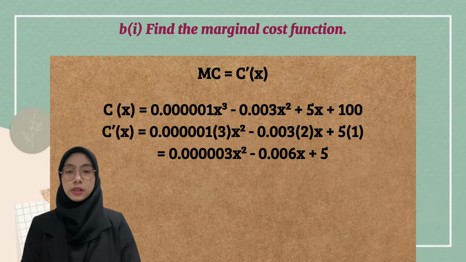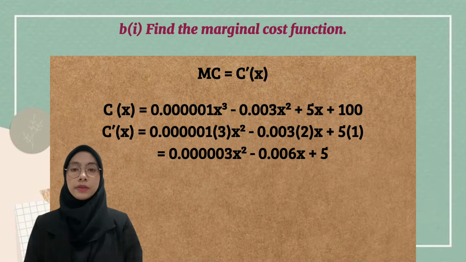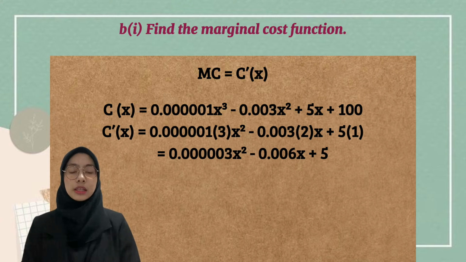To find it, you need to use the first derivative because marginal cost equal to C prime. After you differentiate the C function, you will get the first derivative, which is 0.000003x squared minus 0.006x plus 5.